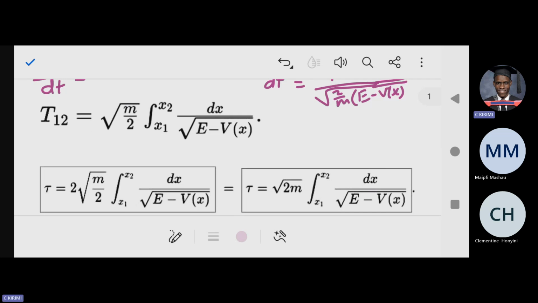So we are having 2 multiplied by the square root of m over 2, integral from x1 to x2 of dx over E minus V of x, which is this one.